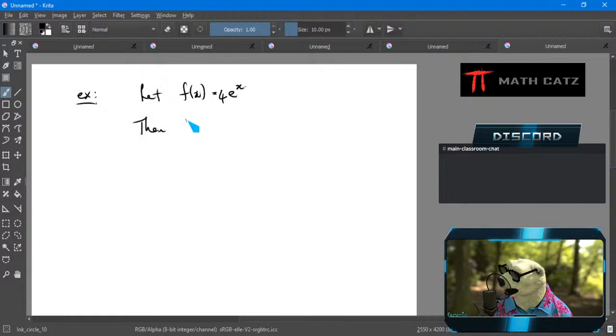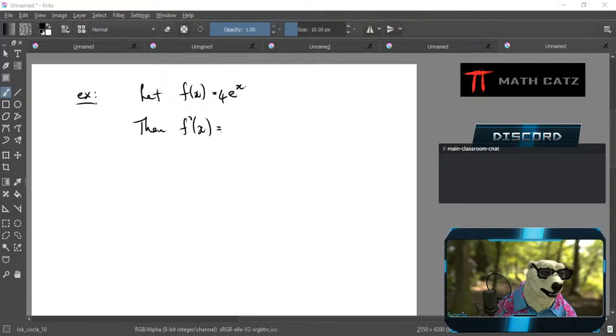So now I want to find the derivative. My question to you is, what is the first property that we're going to use to find this derivative? I see we've lost some people.